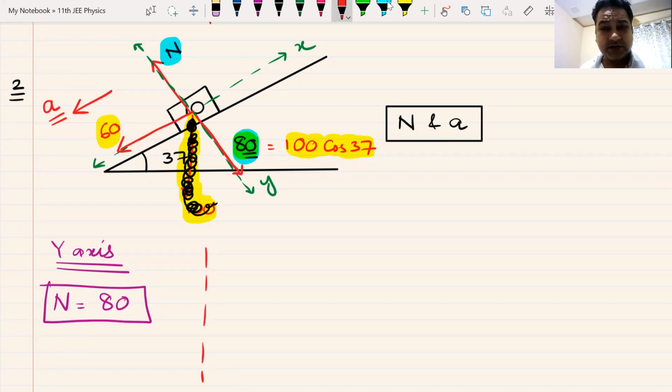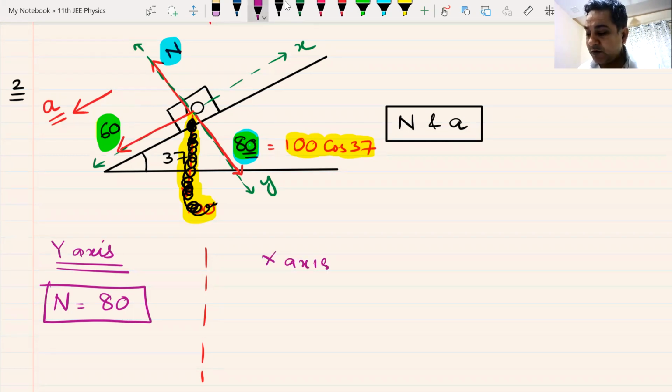What remains is the x-axis. Now, when I look at the x-axis, what do I see? I see 60 on one side, but on the other side, there is nothing. So this 60 must be the net force along the x-axis.